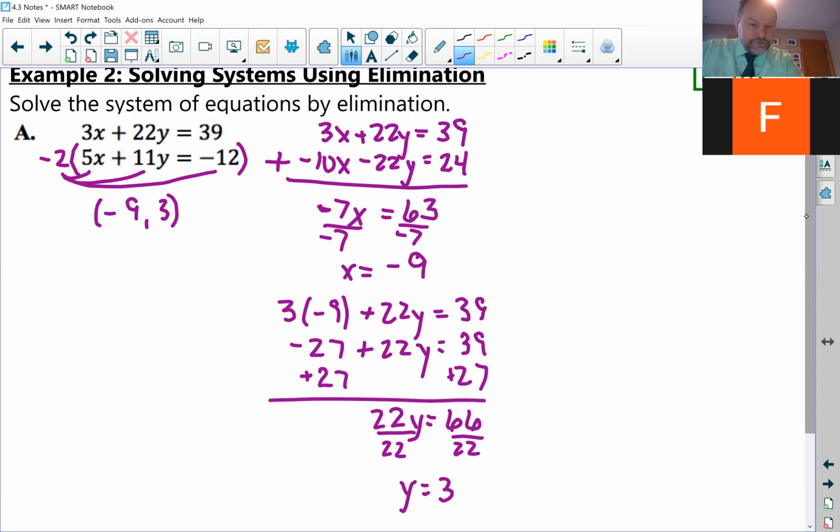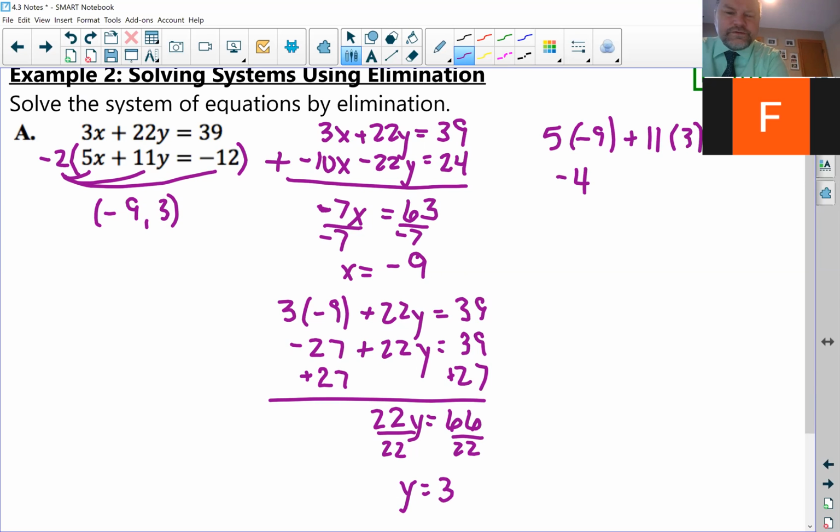And so I used the top equation, the first equation, to get my y value. So I'll use my second equation now to double check my solution. 5 times negative 9 plus 11 times 3, is that equal to negative 12? 5 times negative 9 is negative 45. 3 times 11 is 33.